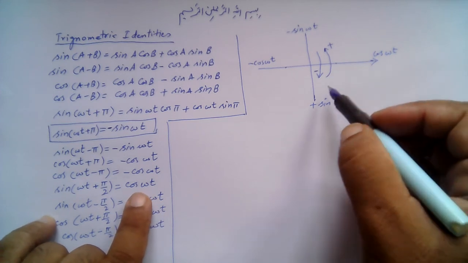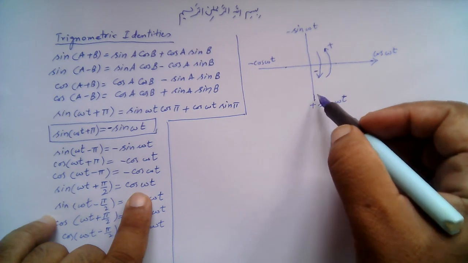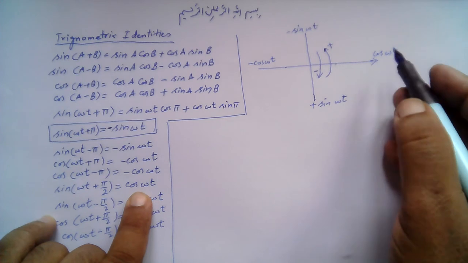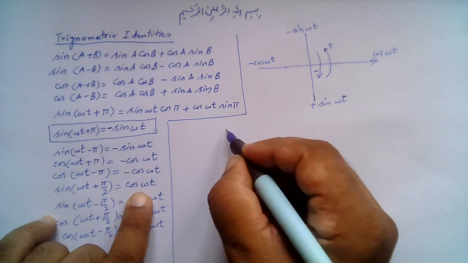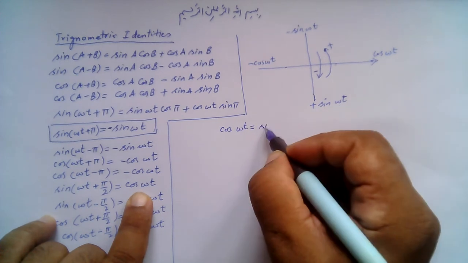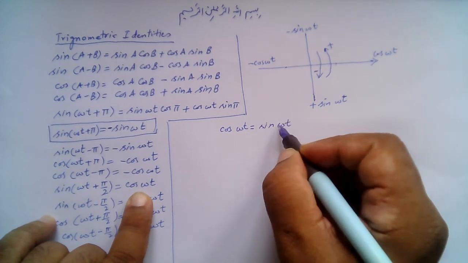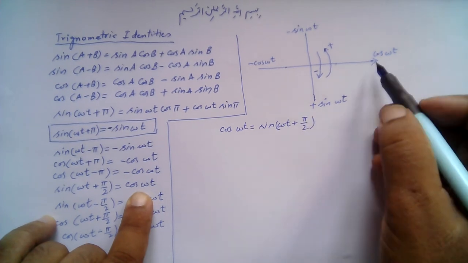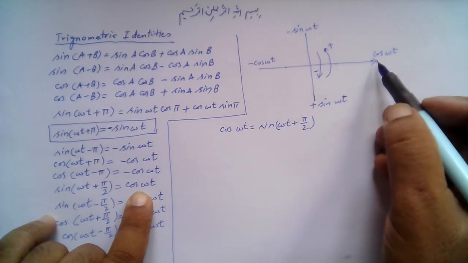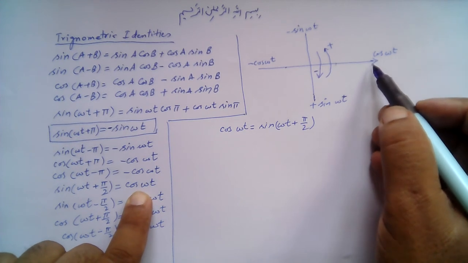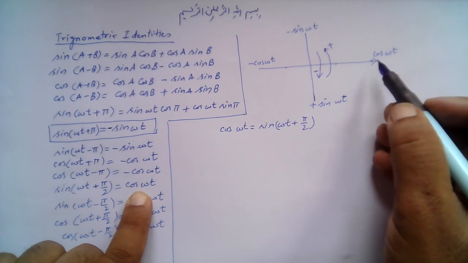So if we are at sine omega t, and if we add plus pi by 2 here, then we will get here. So cosine omega t in the form of sine will be sine omega t plus pi by 2, right? So again, we need to find out the equivalent function for cosine omega t in the form of sine.